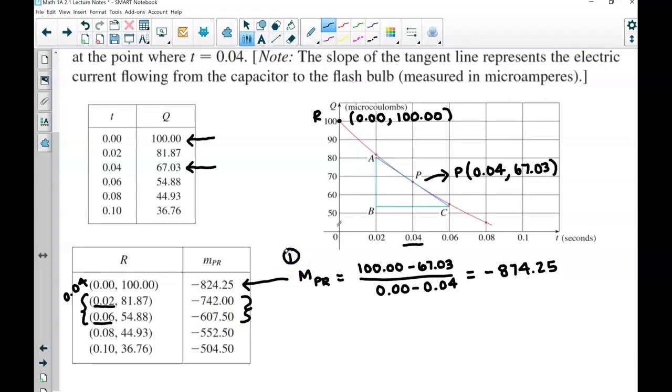So what that means is that we can actually find the average of the slopes of those secant lines.